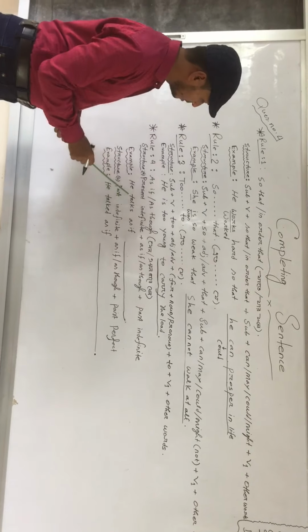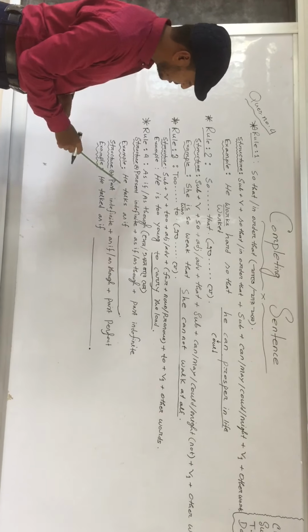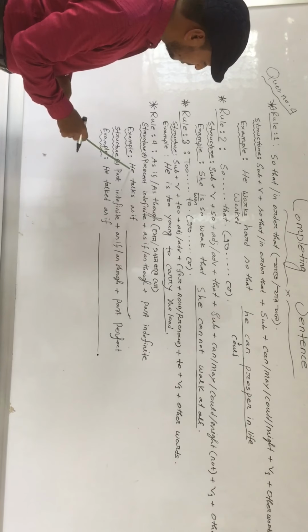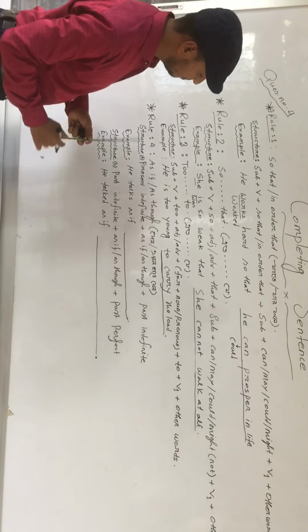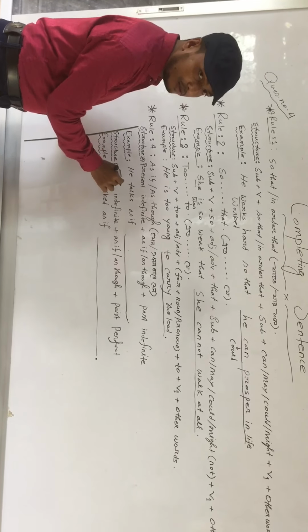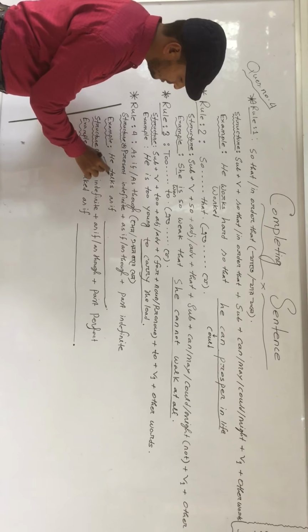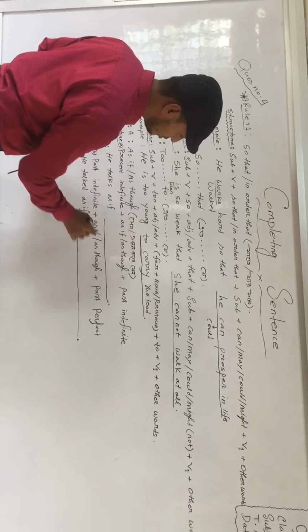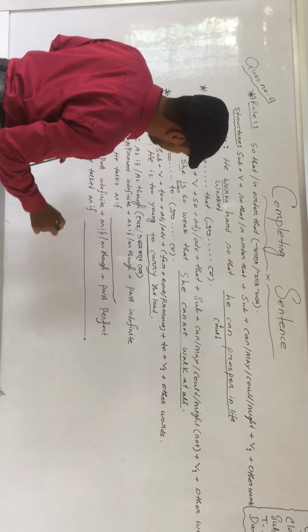The example is he talks as if. He talks as if, this is present indefinite tense. Here he is subject, talks is verb 1, as if, then you should use here past indefinite.